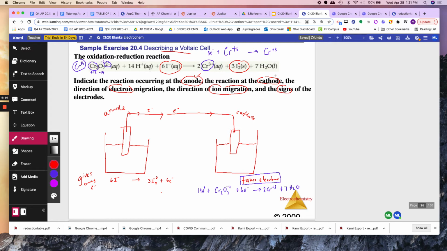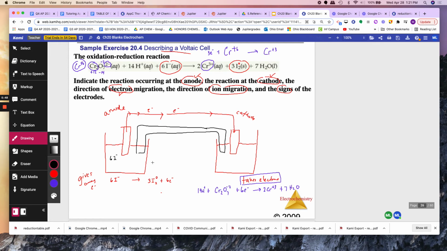We got the anode, we got the cathode, we got the electron migration going to the right from the anode to the cathode, the ion migration, and the signs of the electrodes. So the ion migration has to be this way. I'm going to draw the salt bridge. 6 I- turns into 3 I2.